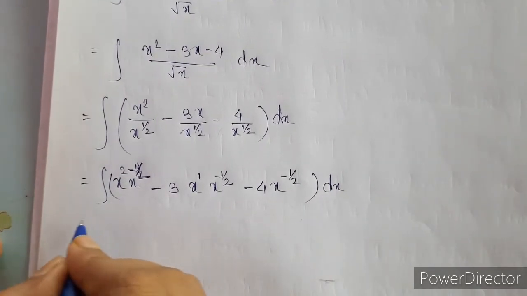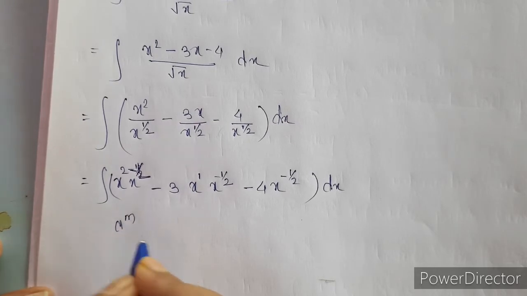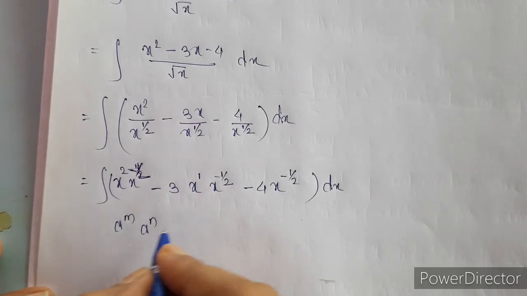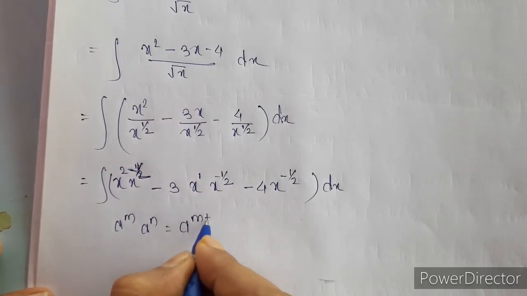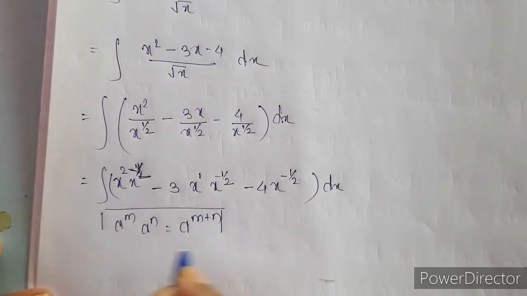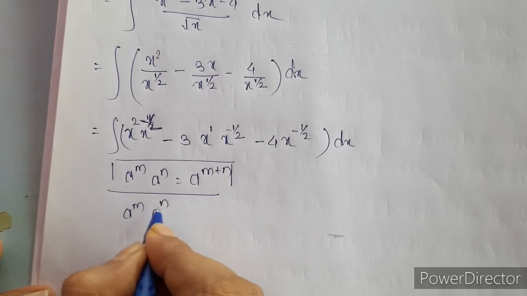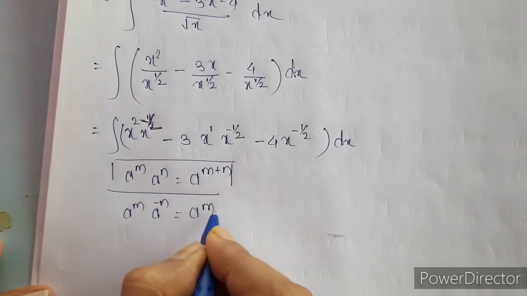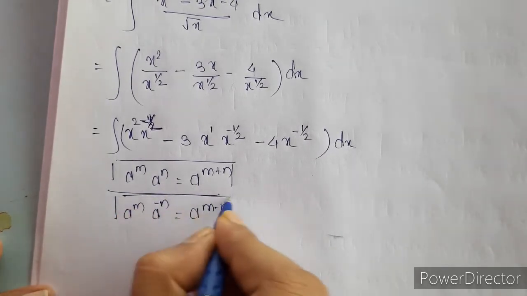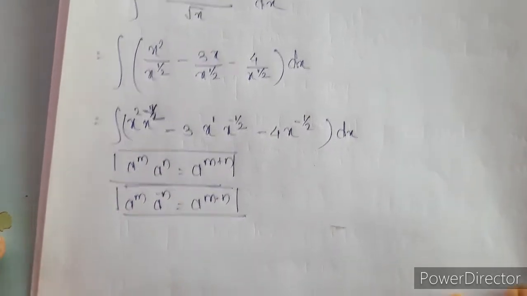Now we know that a raised to power m into a raised to power n can be written as a raised to power m plus n. Similarly, a raised to power m into a raised to power minus n can be written as a raised to power m minus n. Okay.